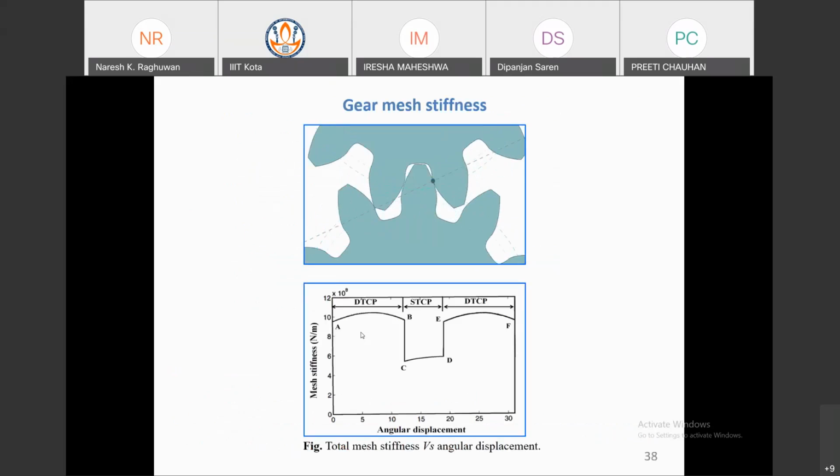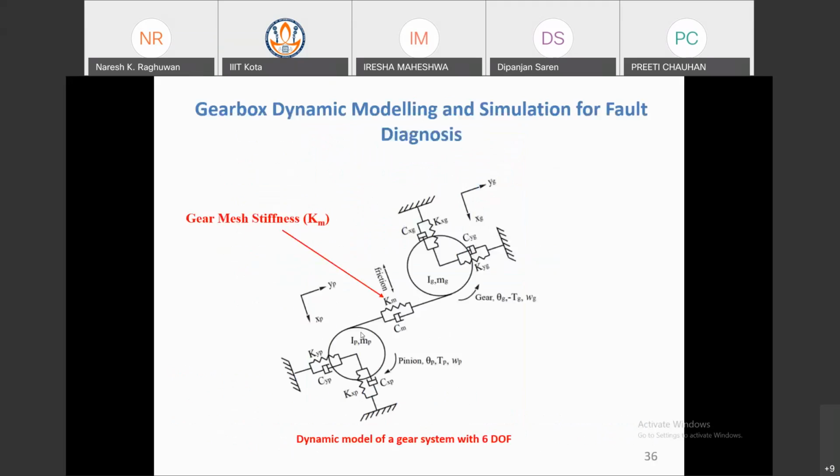But I am just focusing on the gear mesh stiffness, because everything else in the model is under observation. The mesh stiffness variation you have to put in.